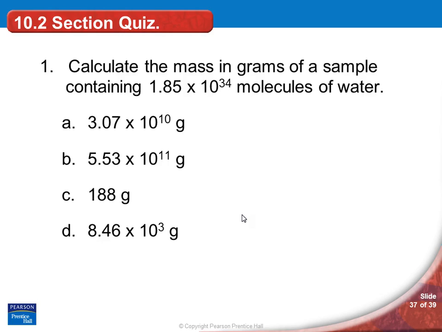That's close. But you have to multiply by the molar mass. We're trying to find grams. That's why they put that one up there. Do the math. You have to multiply by the molar mass. It's 18. Water.